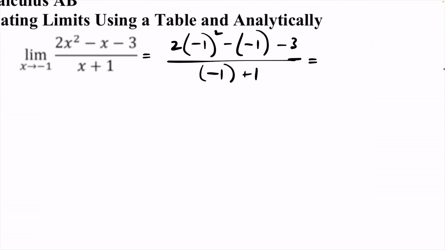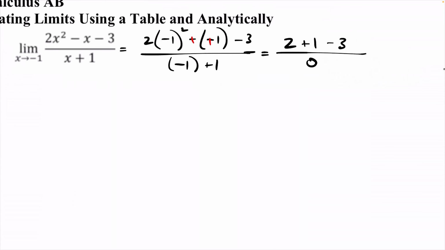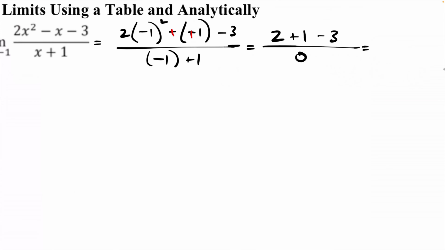Negative 1 squared is 1, so 2 times 1 is 2. And then those 2 are minus a negative. So we get 2 plus 1 minus 3 on top, and then 0 on bottom. So we get 0 over 0.